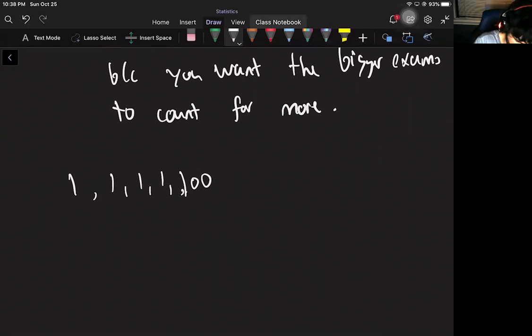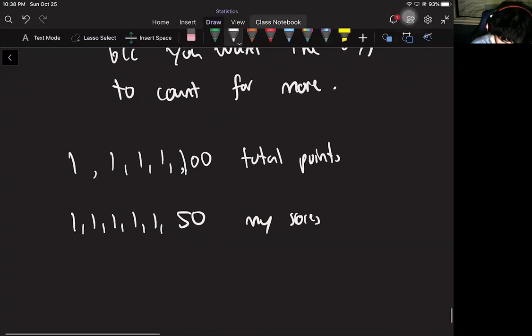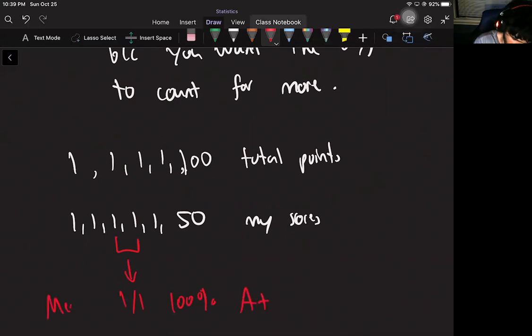So let's say I got a 1, a 1, a 1 on these little baby assignments, and then I got a 50 on this test. Well, if I calculate my median, then I guess I'm between 1 and 1. So that's saying I got like 1 out of 1. So 100%. Perfect grade, A+. This would be what the median would be.